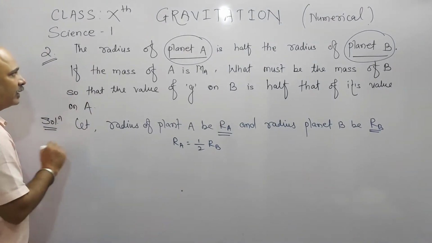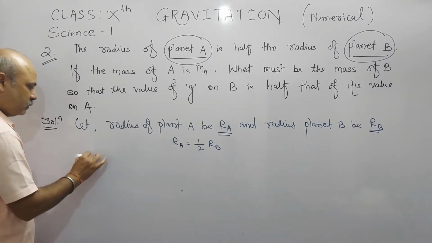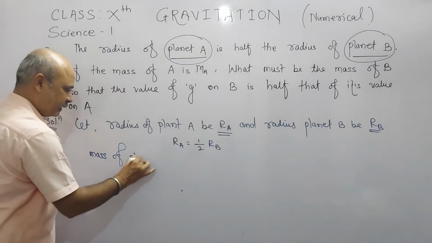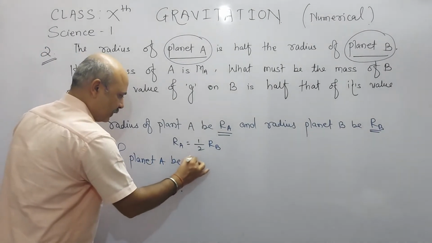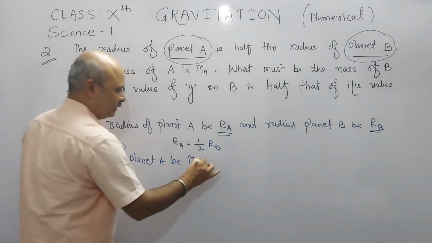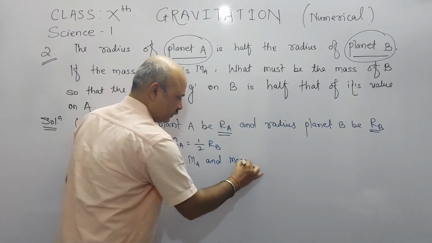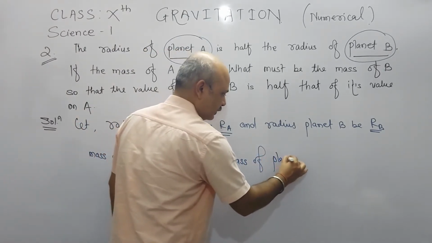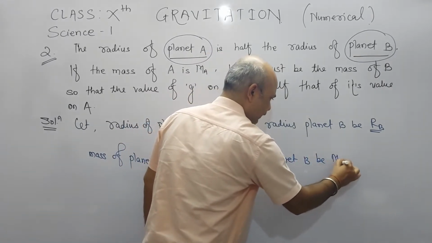Similarly, we will write, let mass of planet A be MA, and mass of planet B be MB.